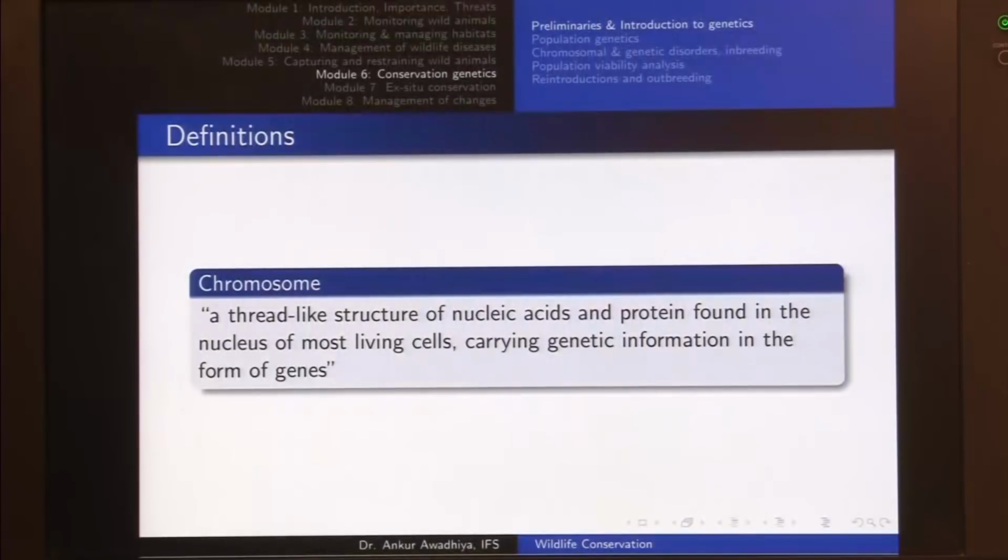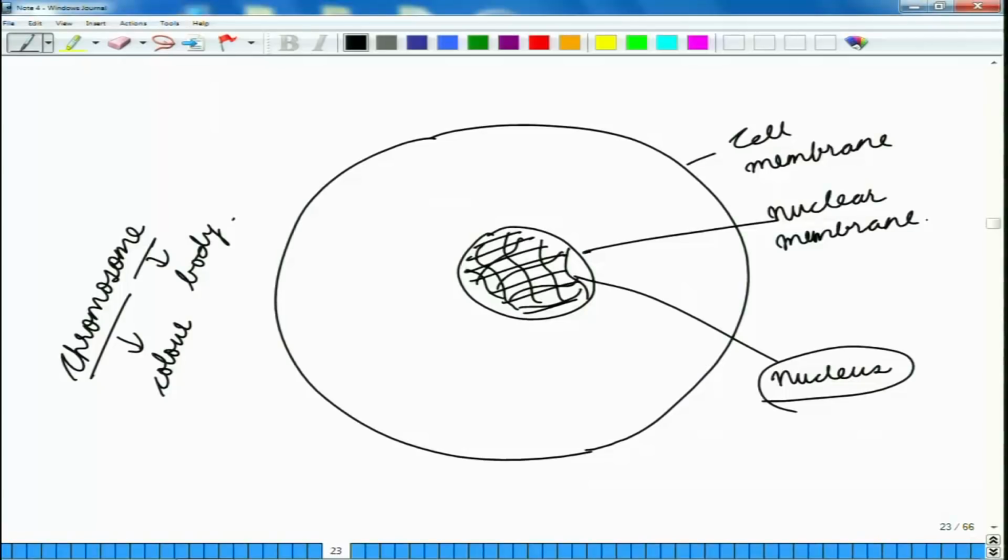So now technically we would say that chromosome is a thread like structure of nucleic acids and proteins found in the nucleus of most living cells, carrying genetic information in the form of genes. Coming back to the drawing board, here we saw that all of these threads are in an entangled form.